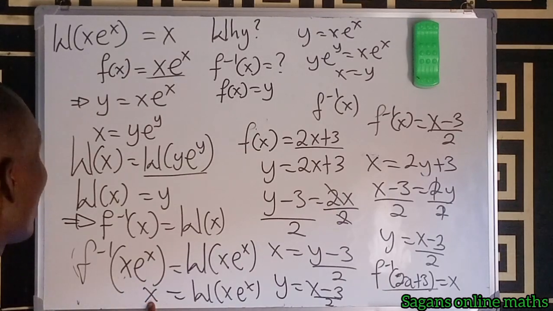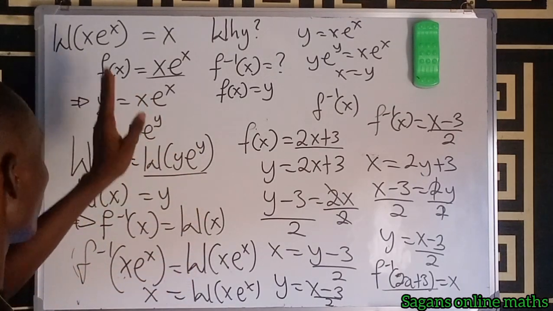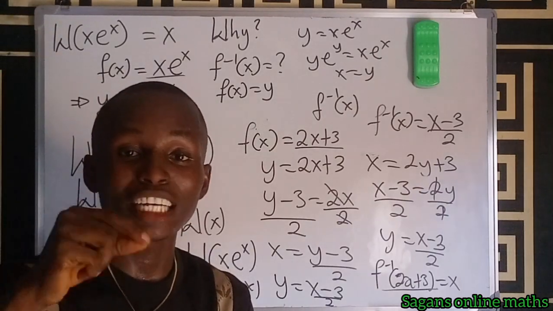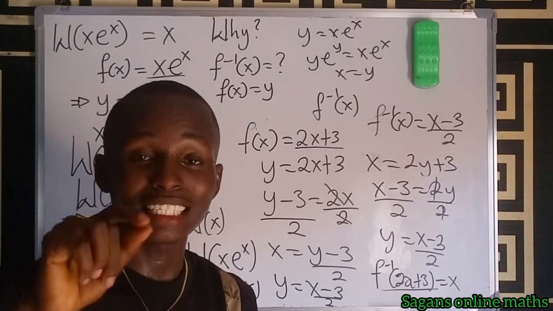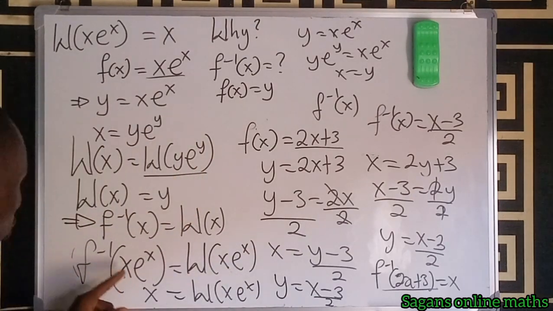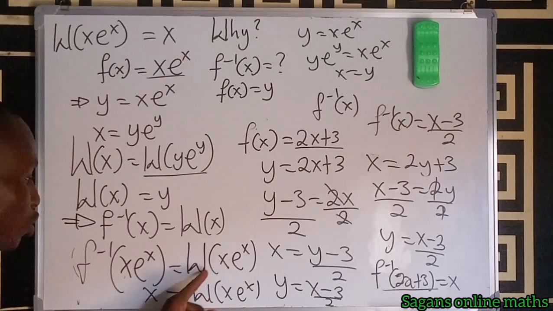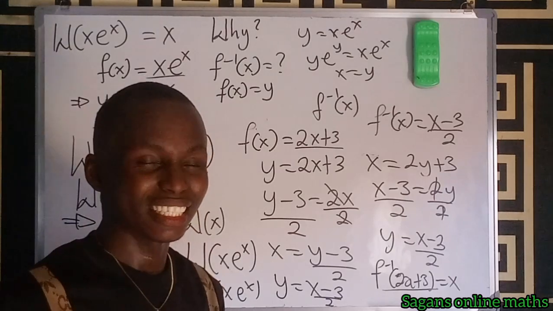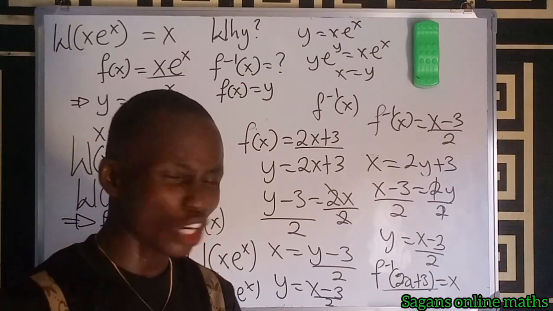This is why: whenever you substitute the original function into the inverse function, the outcome is x. So if you put the original function in this inverse function, it gives us s, and if we put it here, we still have s. So the w function of s multiplied by e to s is s. This is amazing. This is pocket genius.